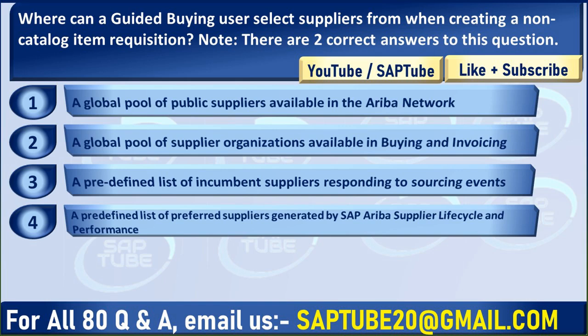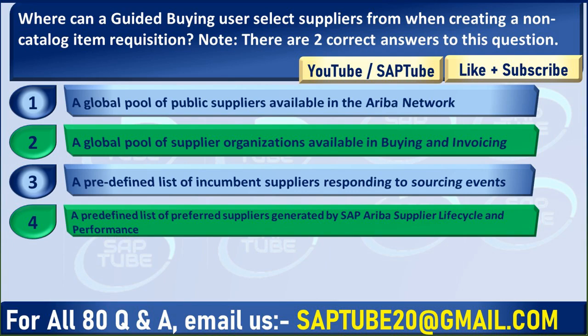Correct answers are: a global pool of supplier organizations available in buying and invoicing, a predefined list of preferred suppliers generated by SAP Ariba Supplier Lifecycle and Performance.